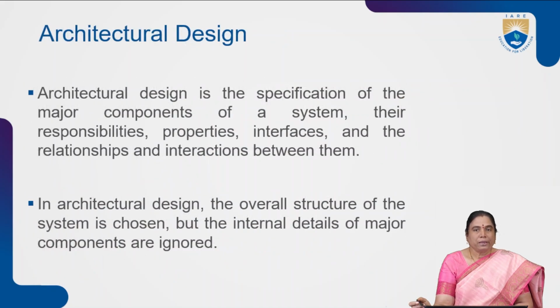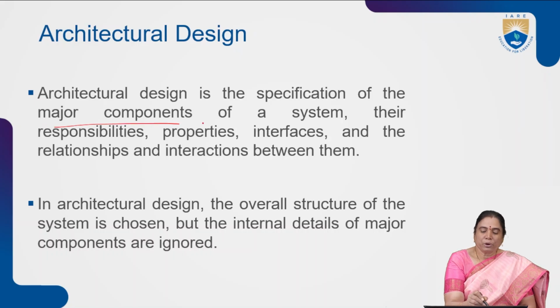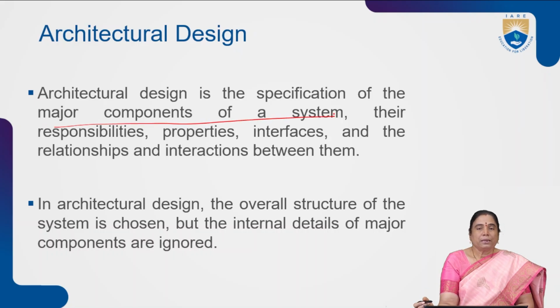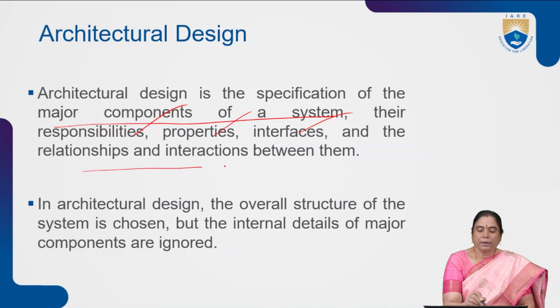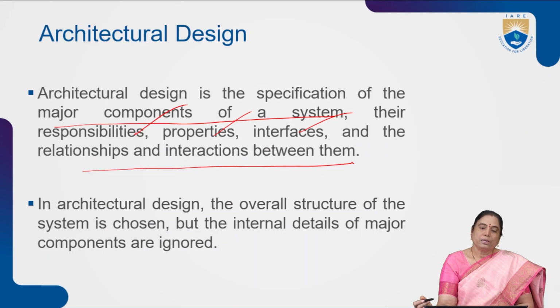The next variety of design is the architectural design. In architectural design, the specification of the major components of a system, their responsibilities, properties, interfaces, and the relationships and interactions between them is modeled.